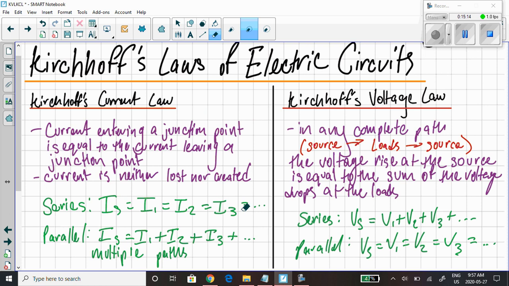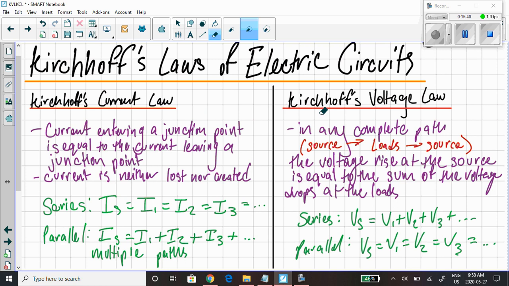We looked at that a few moments ago. If it's in a parallel situation with multiple paths, current at the source is split up. So the current at the source is equal to the sum of the current in all the individual branches. I1 plus I2 plus I3 plus, well, how many you have. So Kirchhoff's current law looks different in terms of a mathematical equation depending on the type of circuit that you have.